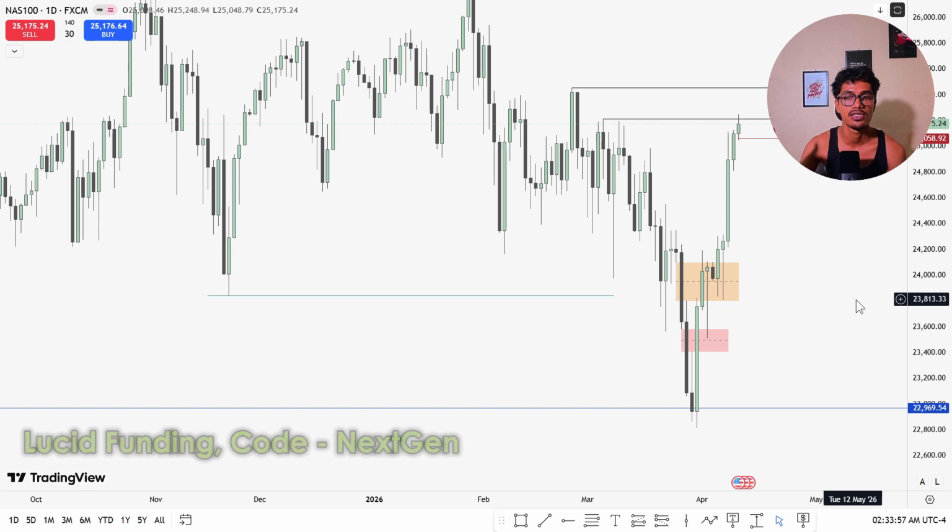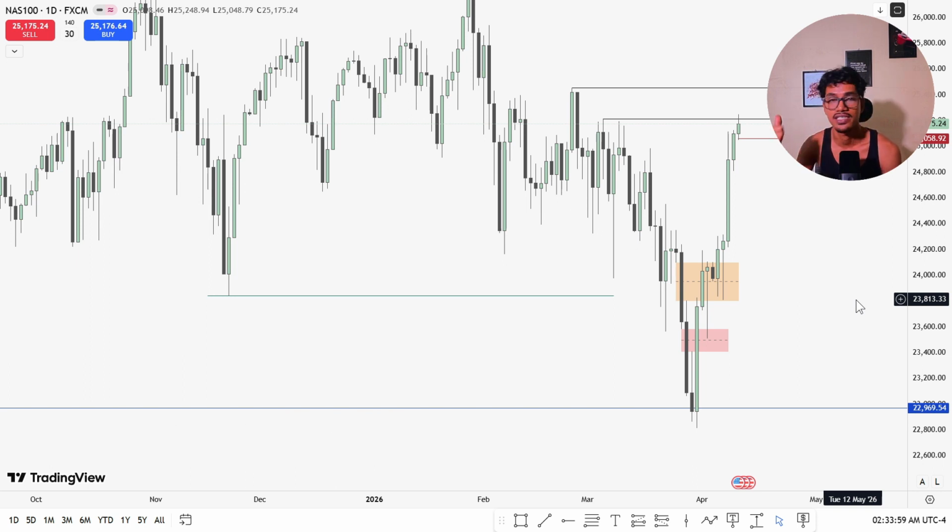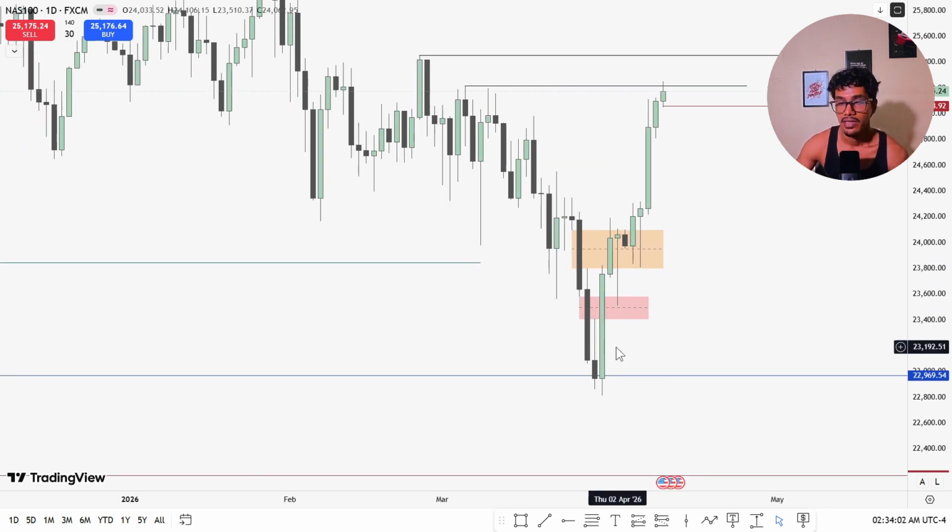They can inverse them certain times, and in this case, look, this first CB right here, we inversed that with this huge up close candle. All right, last week we inversed that, and the next candle we closed back within this candle.